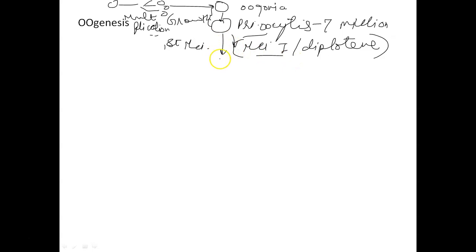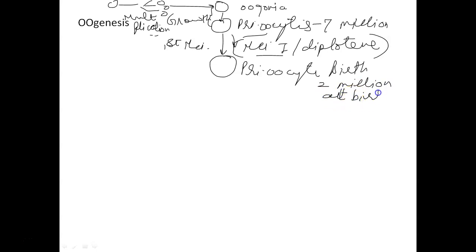So the primary oocyte remains a primary oocyte at the time of birth. Because of the atretic follicles and atresia, the number is reduced and there are only 2 million at birth. Before birth they are 7 million. Okay, now the primary oocyte, the diplotene stage, at puberty.